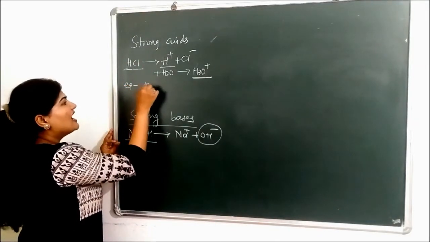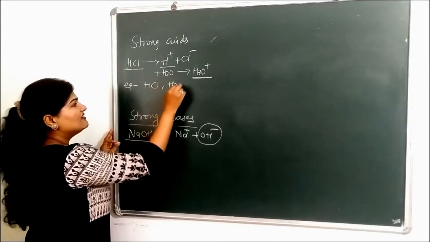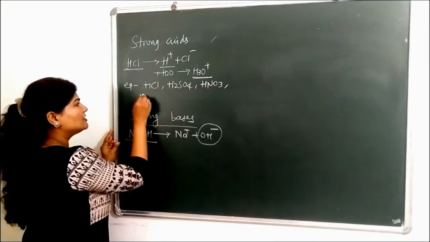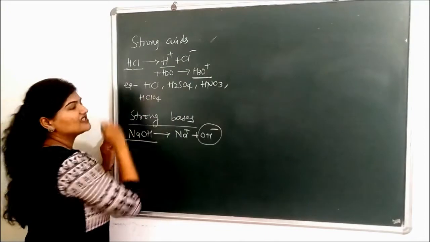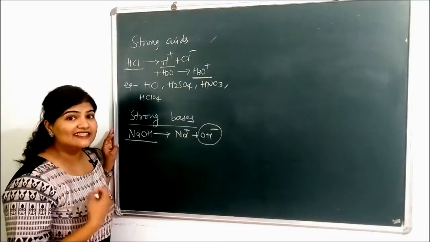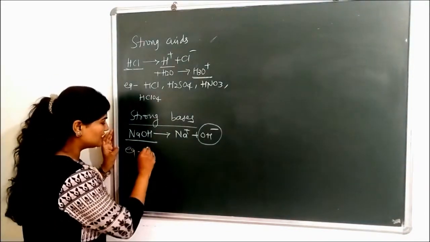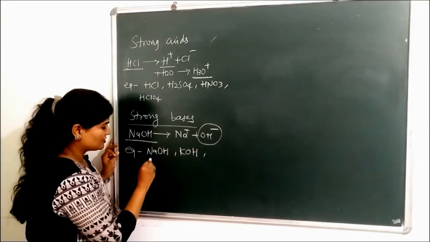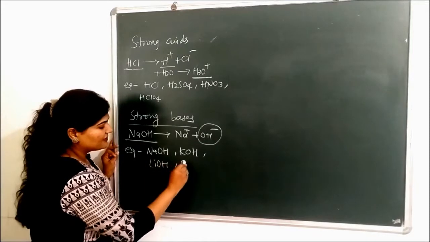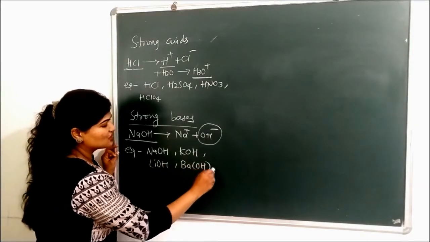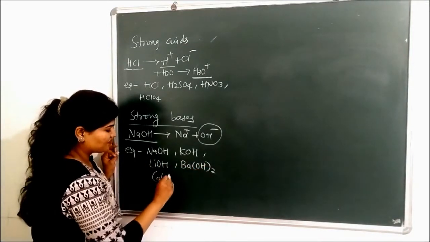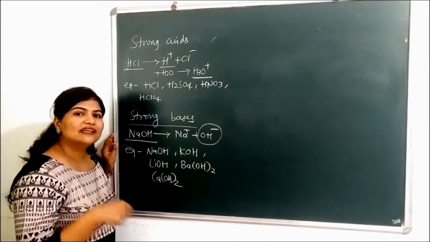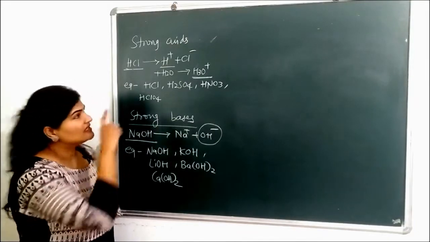The examples are hydrochloric acid, sulfuric acid, nitric acid, perchloric acid, etc. And the examples of strong bases include NaOH, KOH (potassium hydroxide), lithium hydroxide, barium hydroxide, calcium hydroxide, etc. So as you now know, the strong electrolytes will dissociate completely to produce the ions.